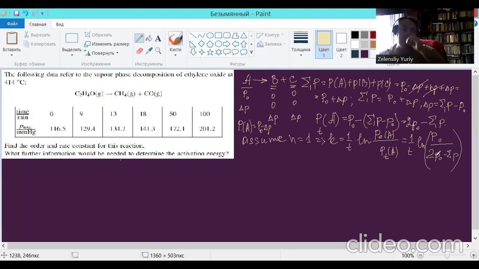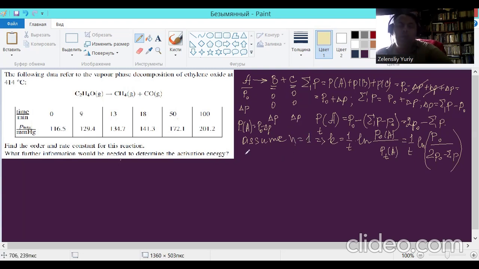So we got the formula, and I'm going to calculate the values of k for each of these experiments. One, two, three, four, five. We've got 5 series of experiments carried out in order to collect these data. It's not a problem. And if k in each part is equal to k from another experiment, that will prove that my assumption that n is equal to 1 is not groundless.